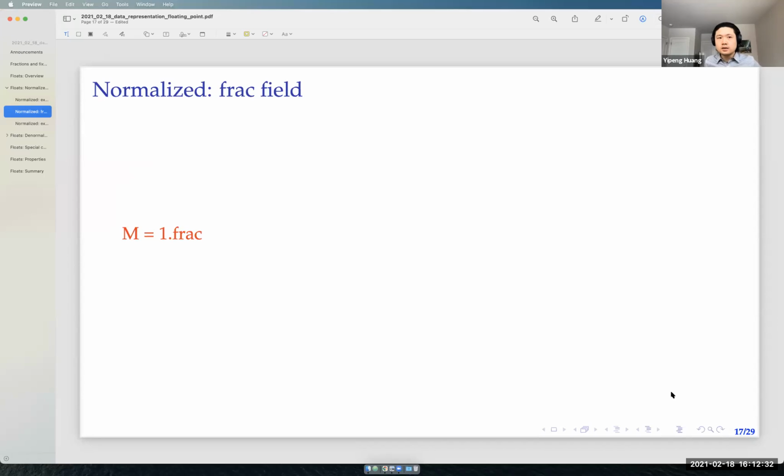The next part is we have to encode the mantissa. So these are the significant digits of the number. And here we have another kind of non-intuitive mapping, where we make it so that the single one is implied.